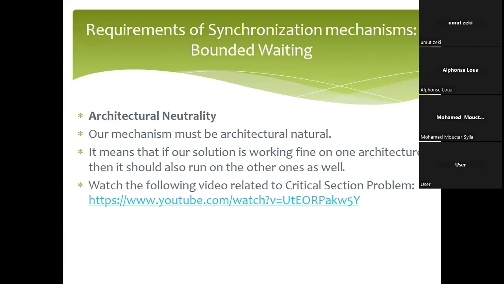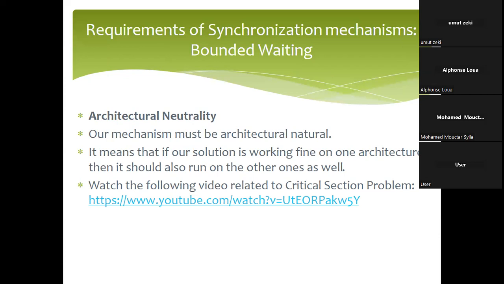Simply, if you found a solution in a Windows computer, it should work in a Linux computer as well.